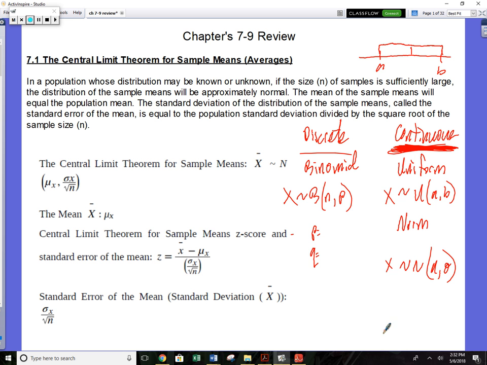And you've got to remember this: normal, its graph is a curve, and the area under the curve, just like the uniform distribution, is equal to 1. Now, the central limit theorem is way cool.